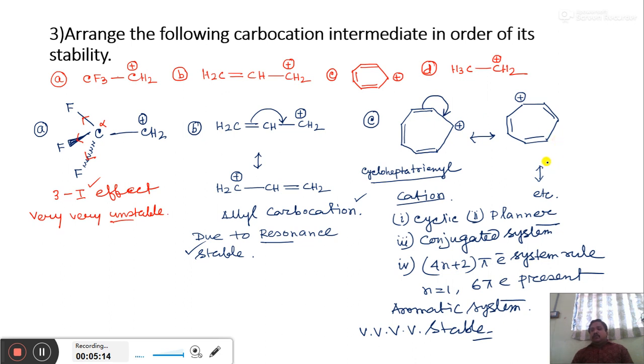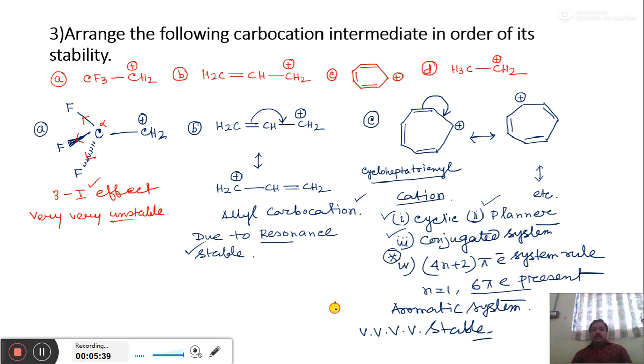There are also several canonical structures of this carbocation. This cation is cyclic in nature, it is planar, and it is a conjugated system. This carbocation contains 6 pi electrons. It obeys the 4n plus 2 pi electron rule.